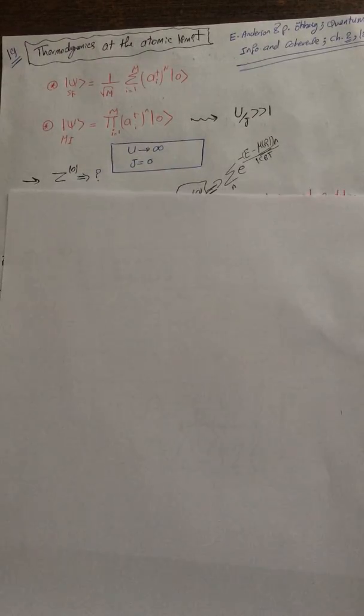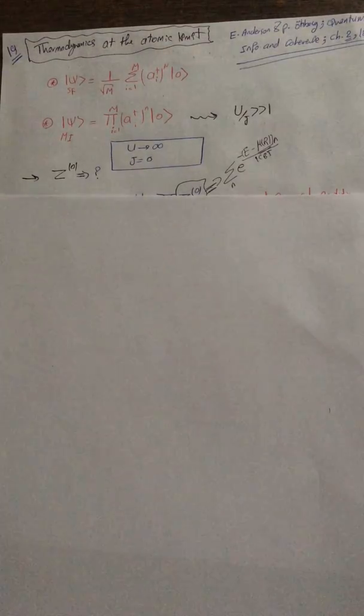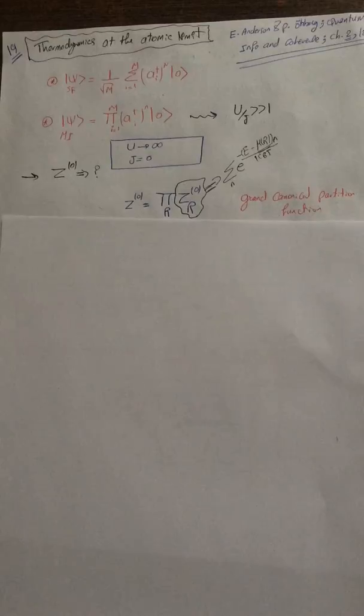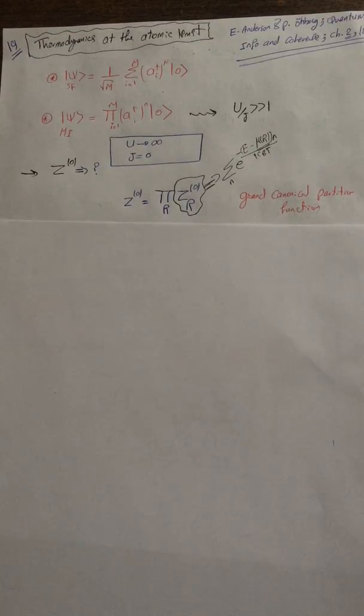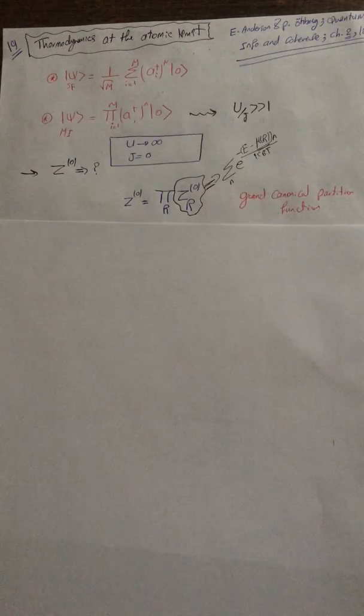We would like to calculate some basic thermodynamics. Let's say that we would like to calculate the grand canonical partition function for the atomic system. So you just take the product of the on-site partition functions, which scale with the number of atoms. This is the on-site partition function giving the grand canonical partition function.